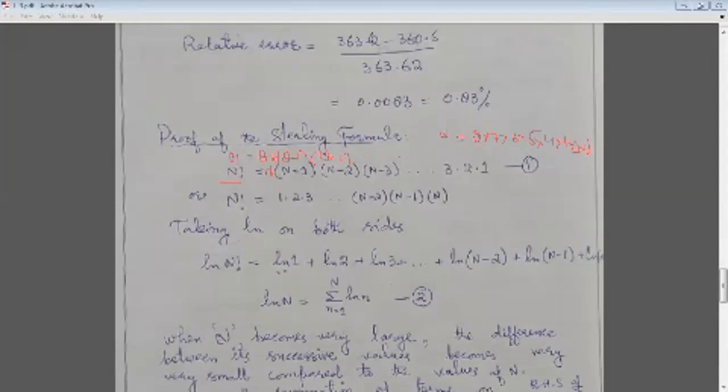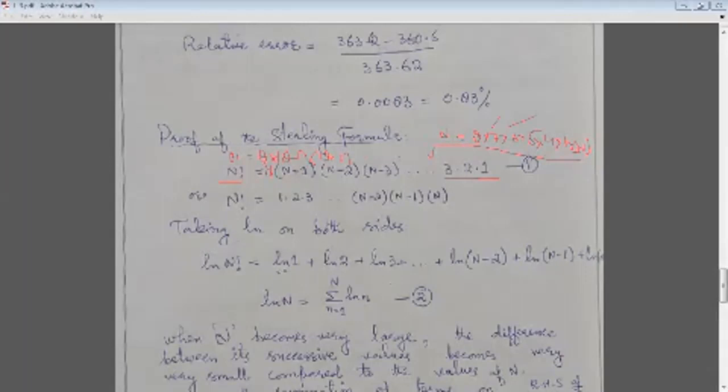That is, I can model this in terms of n. Suppose I have n factorial, it will be n times n minus 1, similarly n minus 2, n minus 3. Here I am taking 8 as n, so n minus 1 will be 8 minus 1, that will be 7, and so on down to 1.